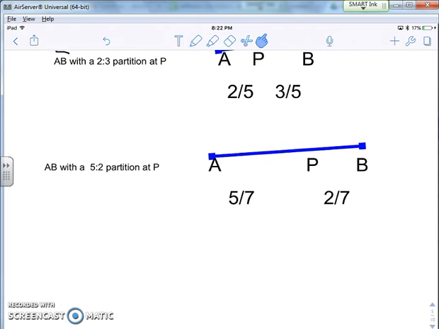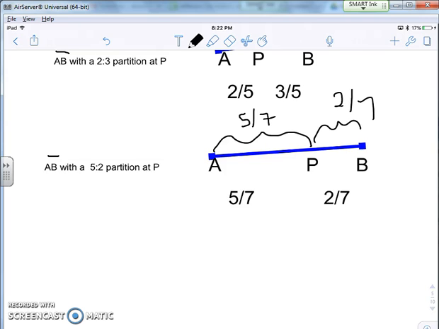Similarly, down here, if we have segment AB partitioned into a ratio of 5:2, we're really talking about sevenths. And this first part is 5/7 of the way, and the second part is 2/7 of the way. And we're going to learn a formula. I think it's best with a formula. There's other ways to do this.